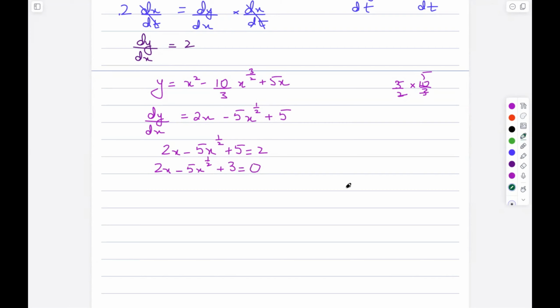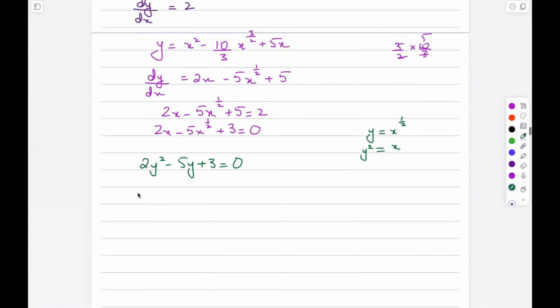Now we can solve this equation by taking a substitution. So we can write y equals x to the power half. Now as y is x to the power half, x will be equal to y squared. So we can write the equation as 2y squared minus 5y plus 3. We can now find the values of y, and then using the substitution, we can find the value of x.